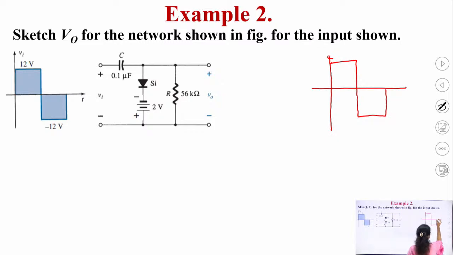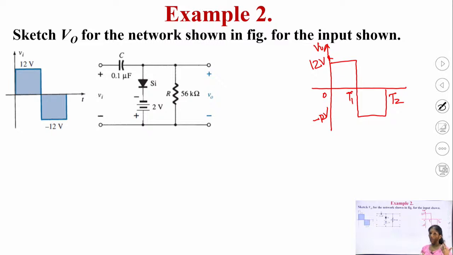This is my input signal Vi, and this value is taken as 12 volt and this is minus 12 volt. Let me mark this as 0, T1 and T2. So, during the time period 0 to T1, what will be the condition of the diode?